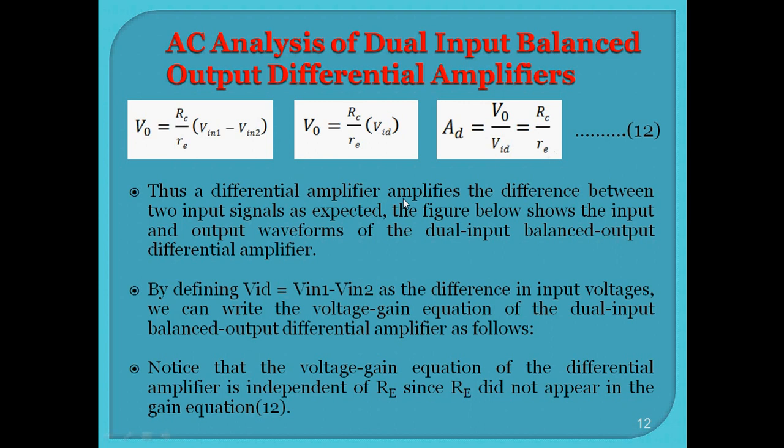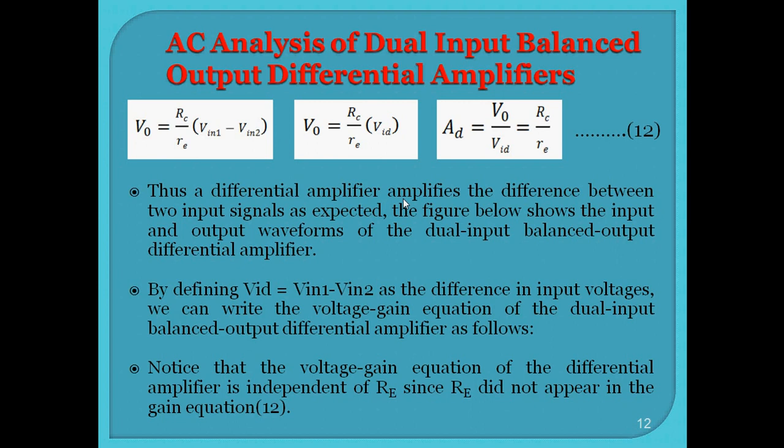Thus, a differential amplifier amplifies the difference between two input signals as expected, and we can see the output waveforms for this dual input balanced output differential amplifier, as we define VID equal to V in 1 minus V in 2, which is the difference in input voltages. We can write the voltage gain equation of DIBO as we have already written here.